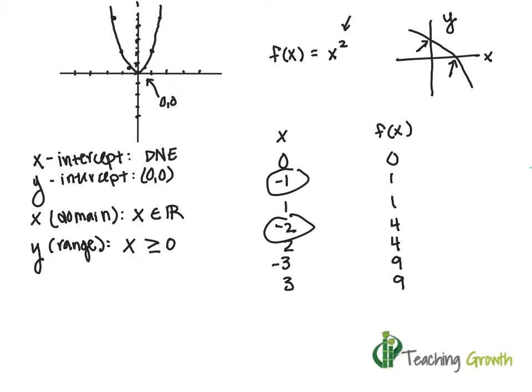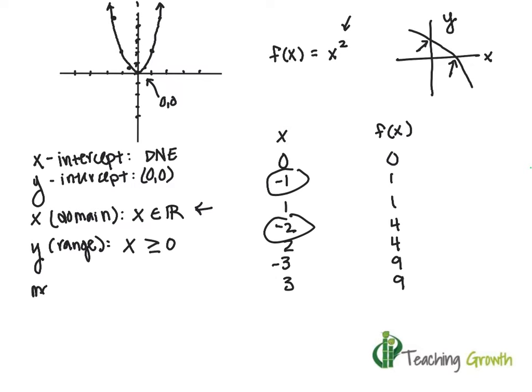Now, the next one we're going to go over is maximum and minimum. There isn't going to be a maximum for this function, because it isn't bound as it continues going, right? Remember when we said our x wasn't bound, so as our x increases, we can have infinitely increasing y or f of x output as well.